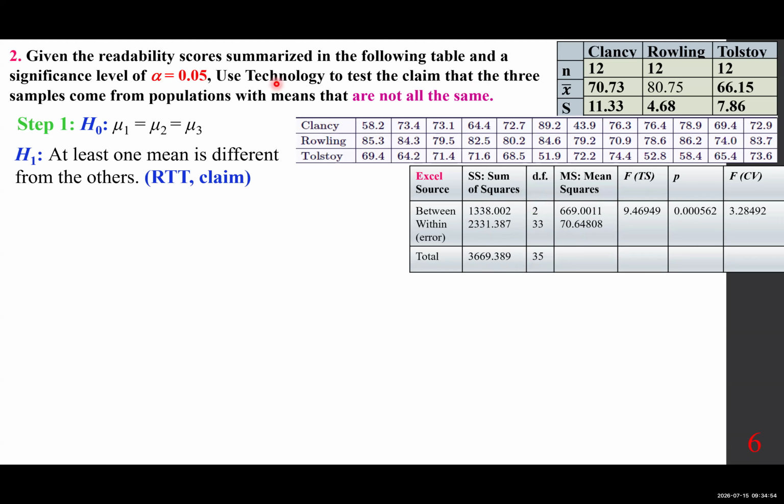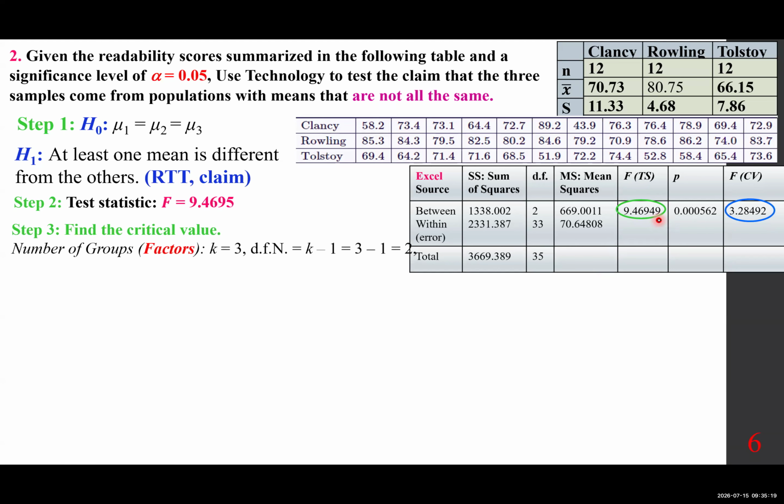To make sure we understand why, use technology to test the claim that the three samples come from populations with means that are not the same. That becomes a claim. So we use the table that is available to us here for the test statistic, critical value, p-value, and so forth. Obviously, this is the test statistic: F equals 9.4695.